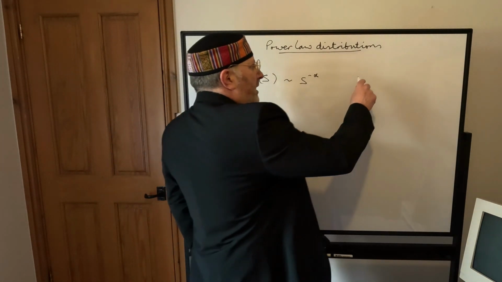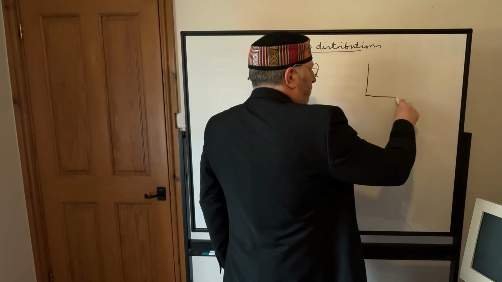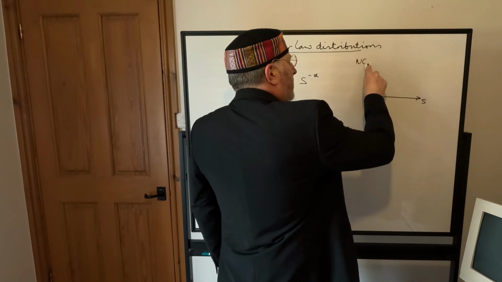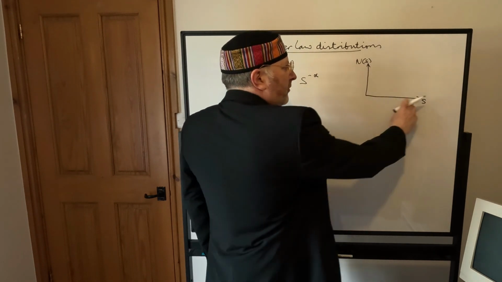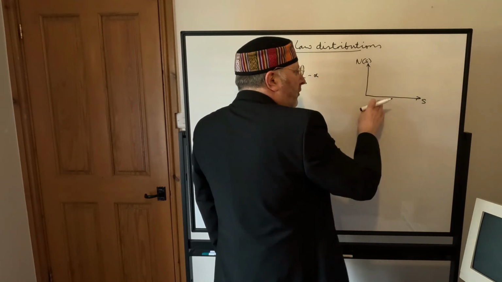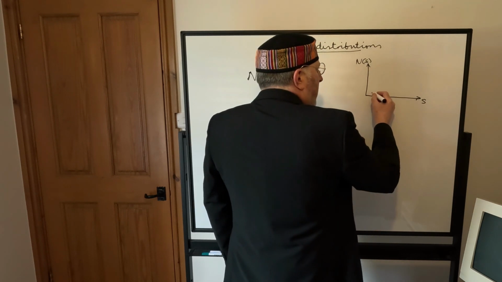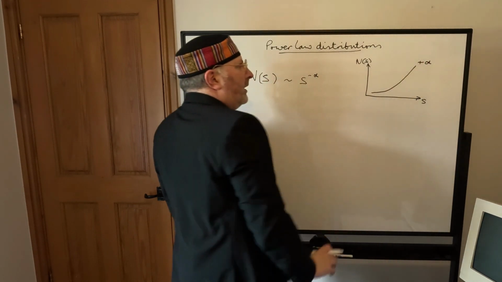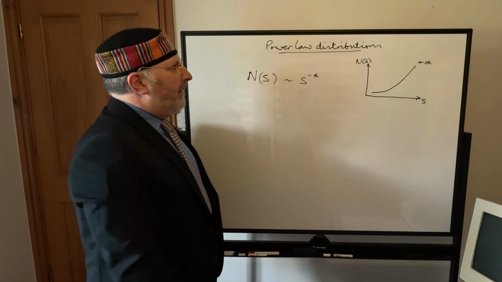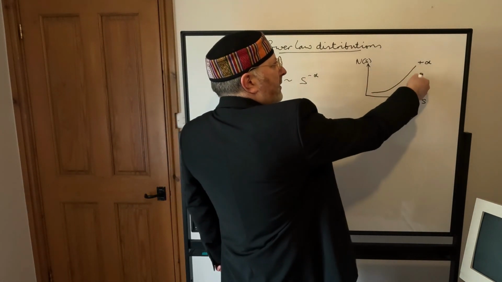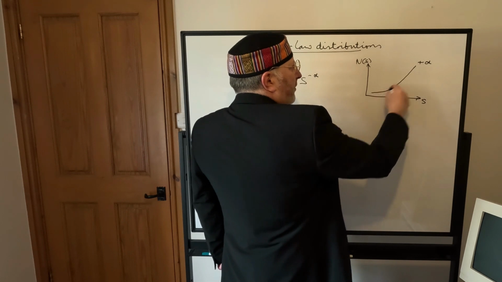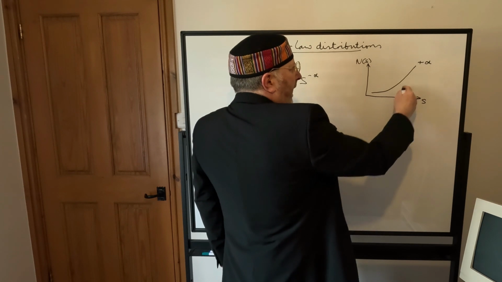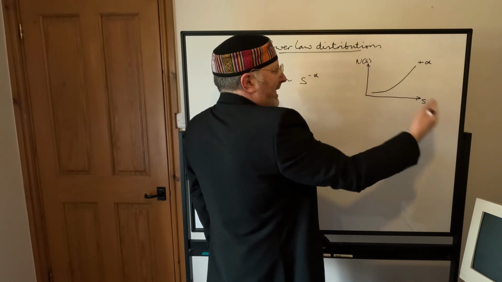So if we plot it on ordinary axes, against the size, the number of that size, so this is again the number of people killed in the wars, the population sizes of the cities. If it were a positive exponent plus alpha, it would go up like that as a power law. But with the minus alpha, we're taking the reciprocal of this. So as this gets larger, the reciprocal is getting smaller. As 3 is larger than 2, but a third is less than a half.